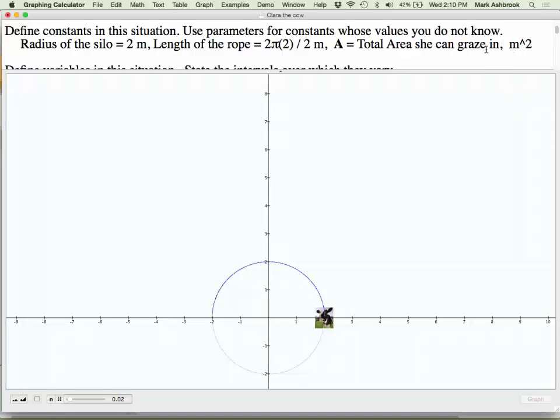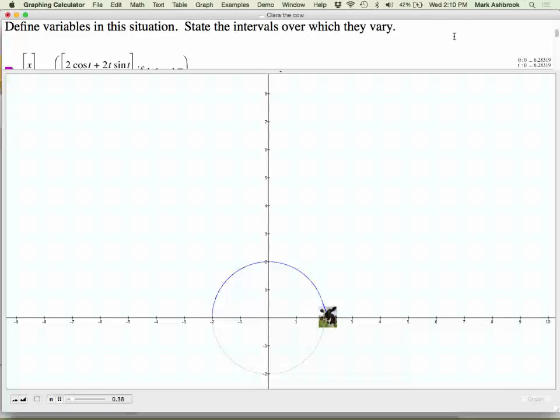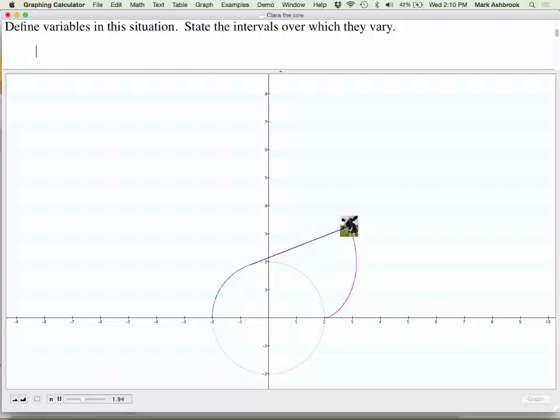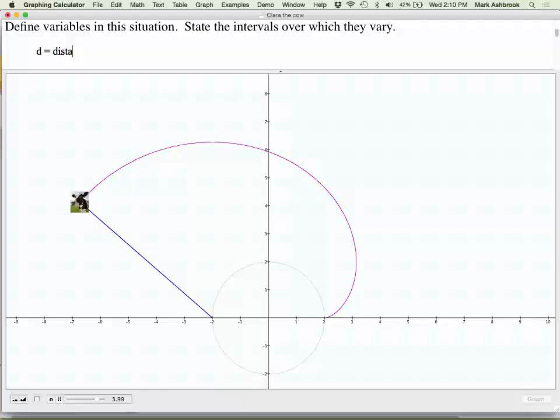So what about variables? What did you guys come up with for variables? Who wants to share the variables? And that means you have to say a letter. Yes, sir. Okay, so D equals the distance the cow is from the silo.